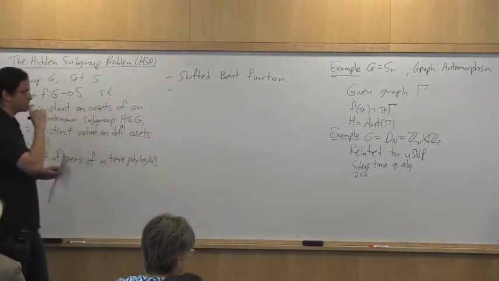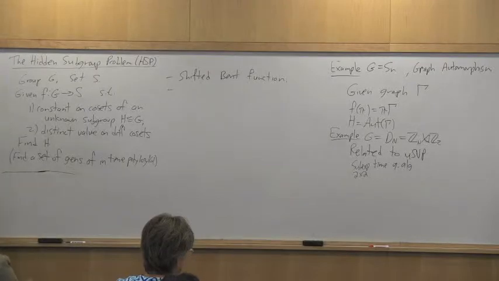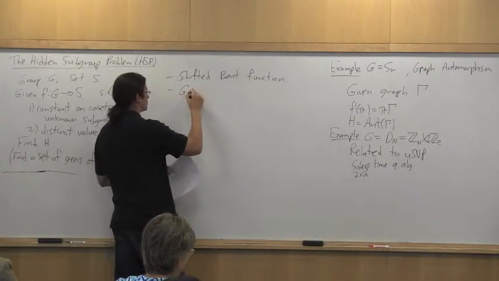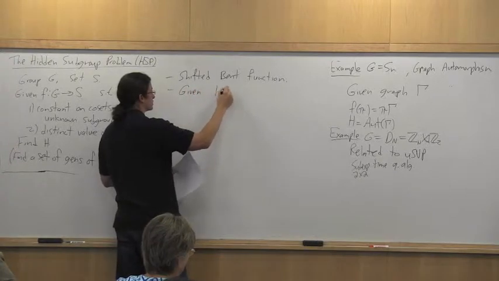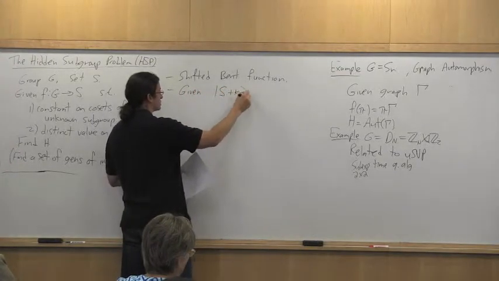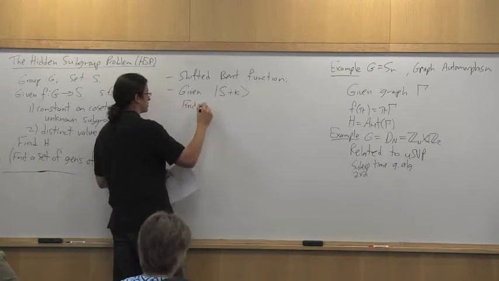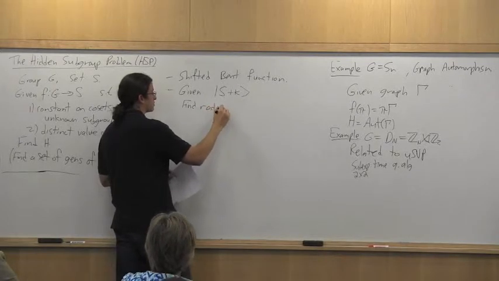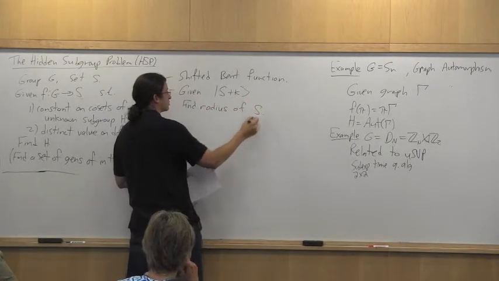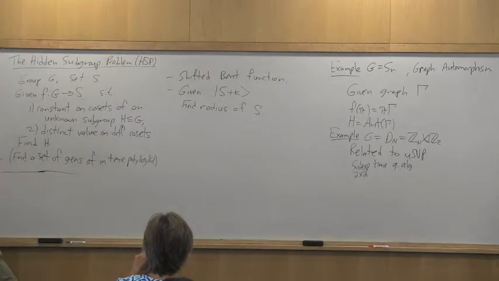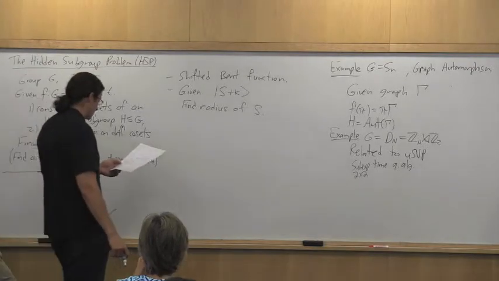Another problem deals with finding the radius of a sphere. So in this case, you're given a superposition over a sphere. So a sphere S, and it's offset by some value k, and you want to find the radius. This was shown by Childs, Schulman, and Vazirani. They gave a quantum algorithm to find the radius of a sphere in this case.